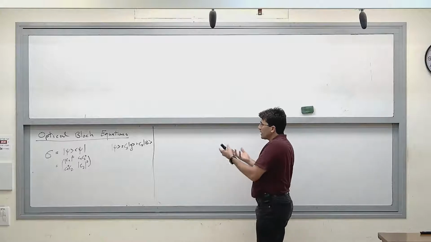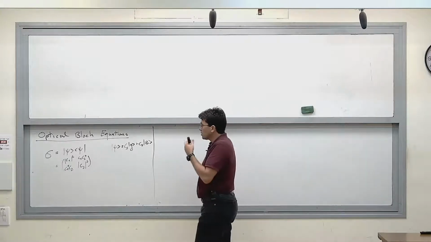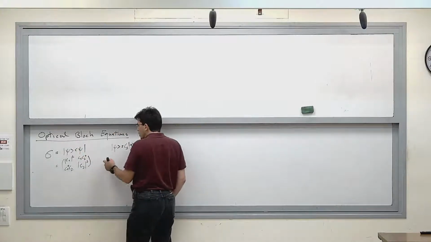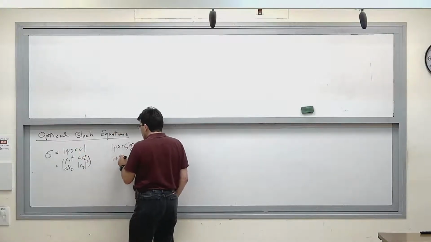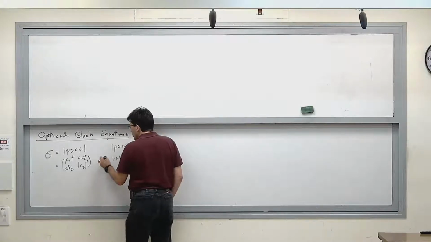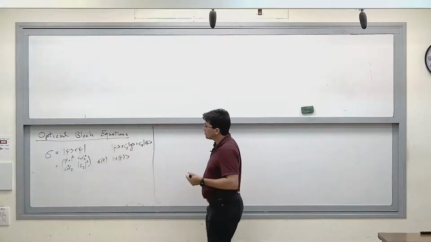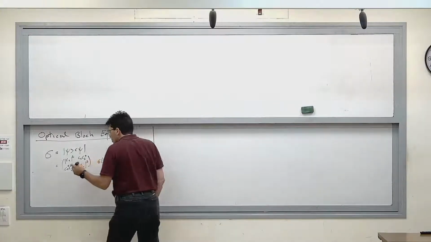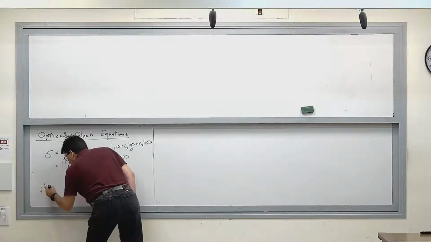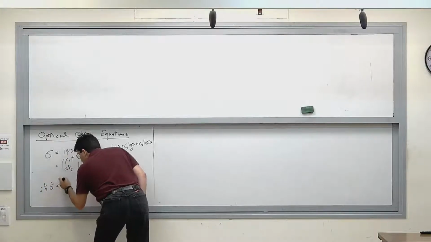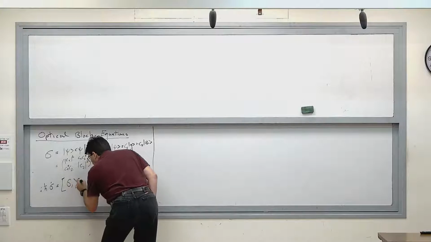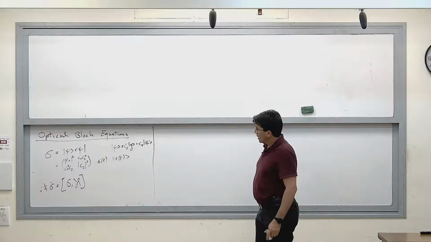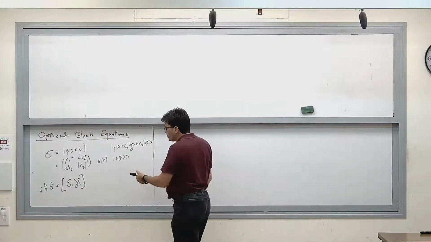Now, we can write the dynamical behavior of this, because as the state changes, so does the density matrix. And it's very simple to write. And we did that last time.